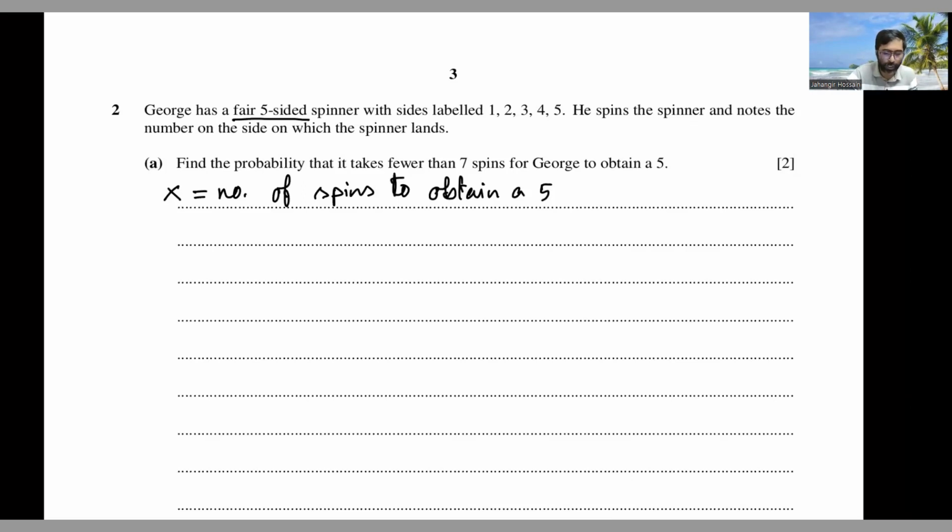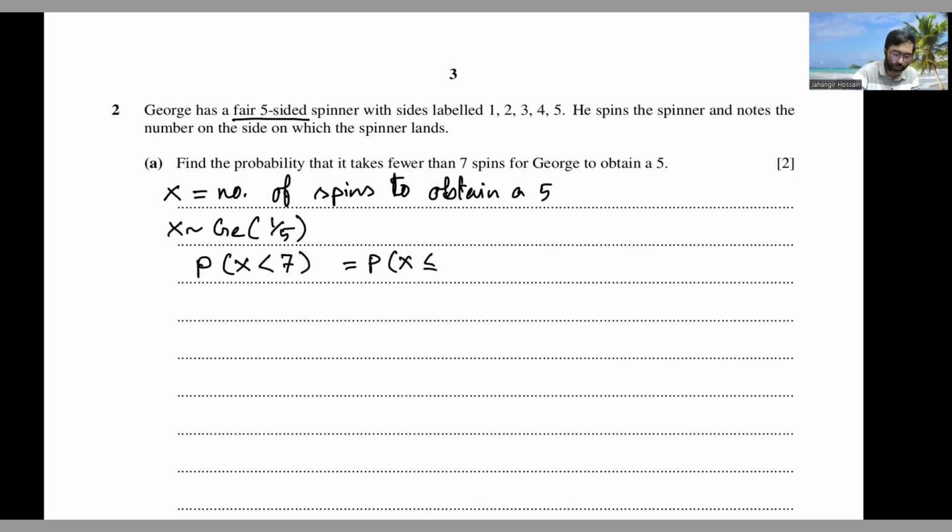So it is a geometric distribution because the probability of obtaining 5 in a spin is constant, which is 1 by 5, and the number of spins is not constant. So it follows a geometric distribution with probability 1 by 5. Now, what is the condition here? It takes fewer than 7 spins. So X less than 7, that is X less than or equal to 6.